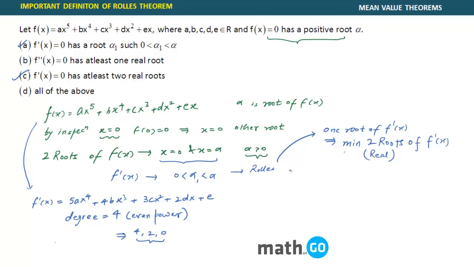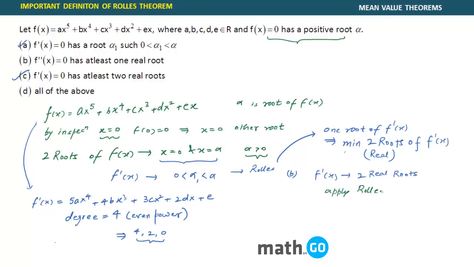And if we talk about the B option, let's say f dash x has 2 real roots. Now apply Rolle's theorem in f dash x rather than fx.